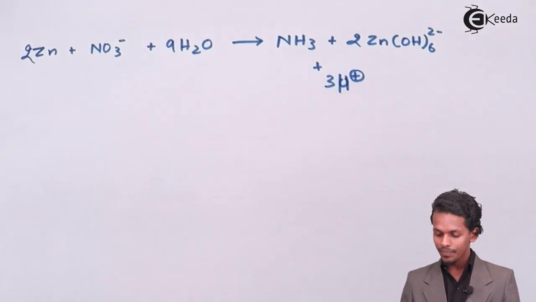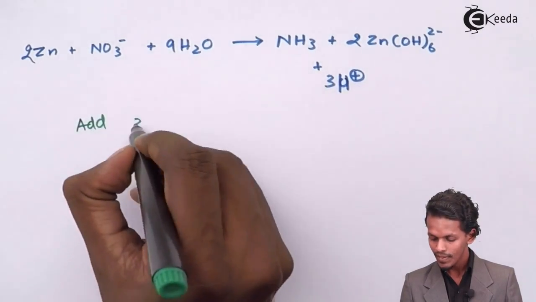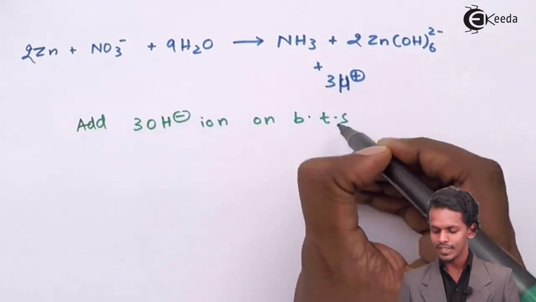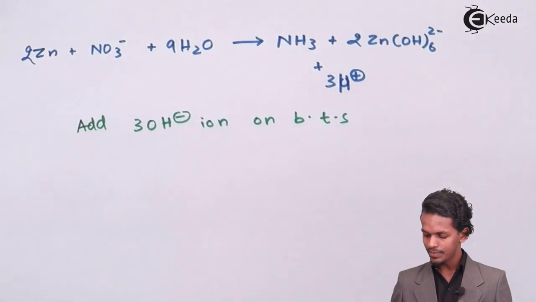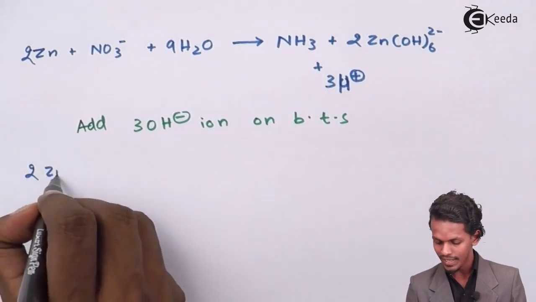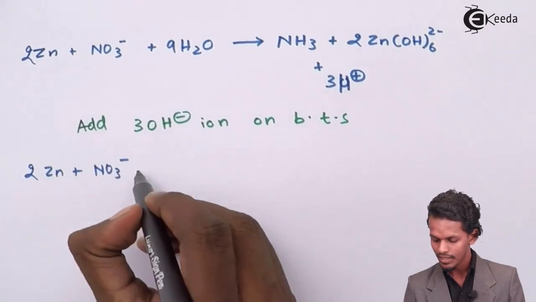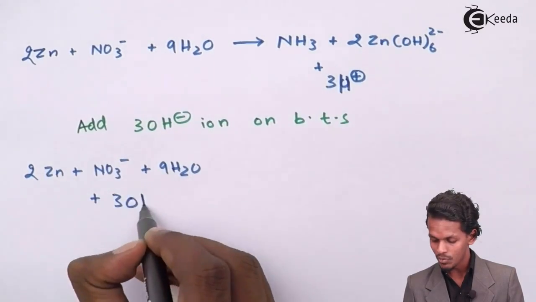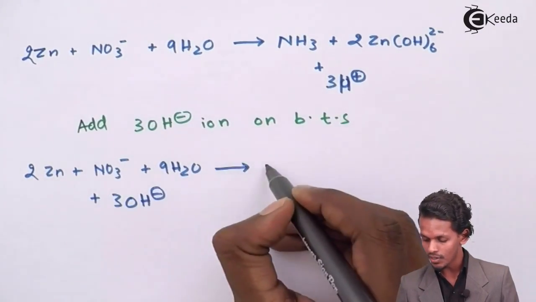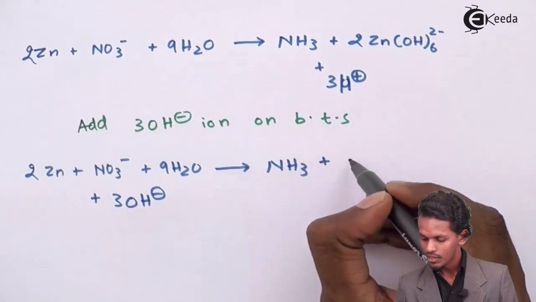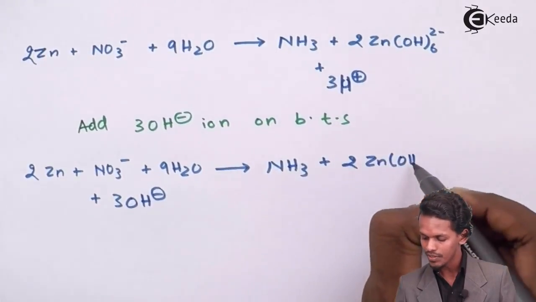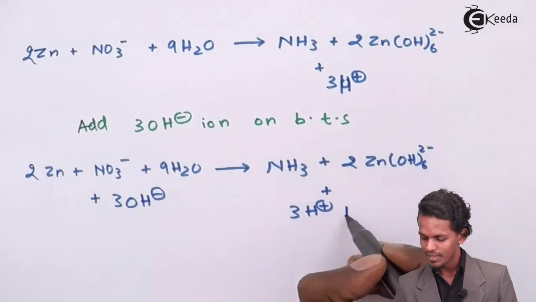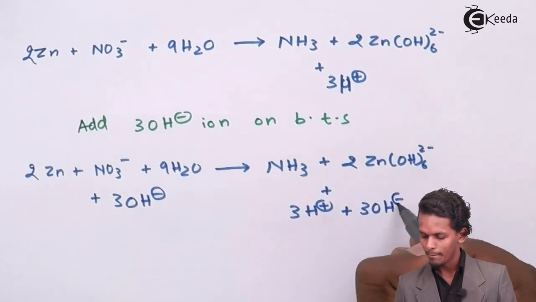For that I will add 3 times OH minus ion on both sides. So ultimately I'll get an equation as 2 times Zn plus NO3 minus plus 9 times H2O. As I have mentioned, I have to add 3 times OH minus on the left hand side, which will give an answer of NH3 plus 2 moles of Zn(OH)6 2 minus plus 3H plus plus 3OH minus.